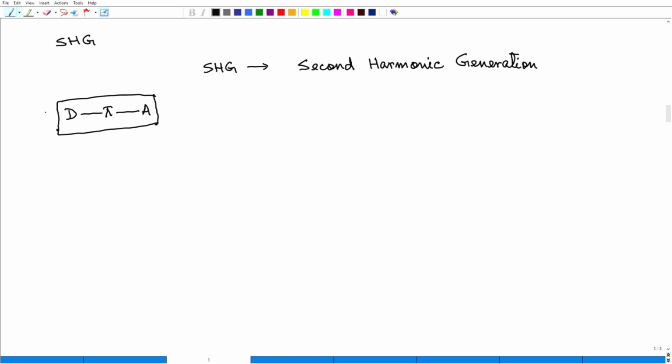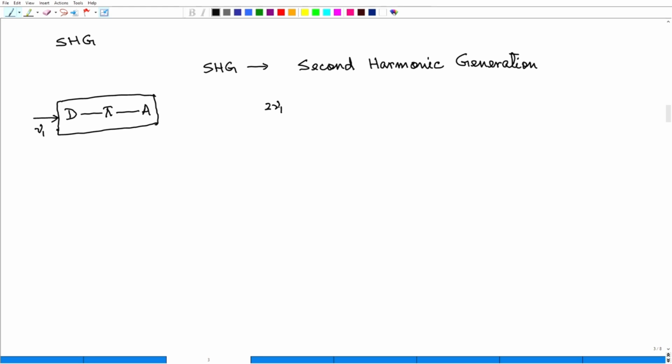Now, if I hit it with h nu, or maybe h nu 1, not a photon, but suppose I put electromagnetic radiation whose frequency is nu 1, then I can produce frequency 2 nu 1.